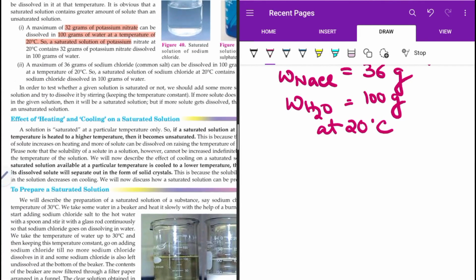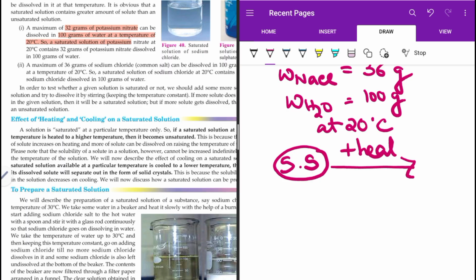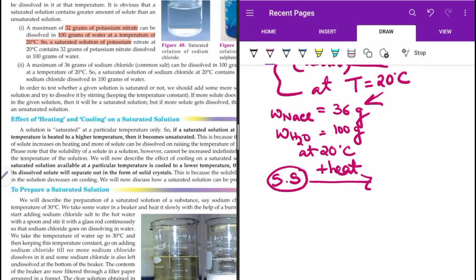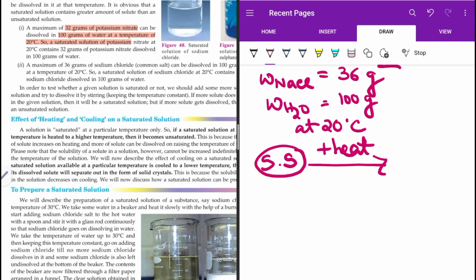Now, if I take a saturated solution and apply heat to it, it becomes unsaturated.